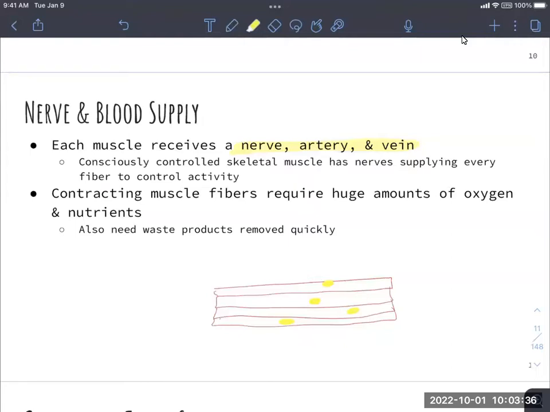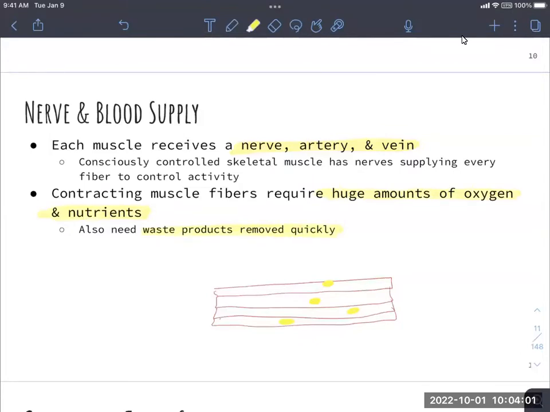We need a lot of oxygen. We also need a lot of nutrients to help contract our muscles to move, to sit, to write, everything. But we also need ways to get rid of waste products. That's extremely important in our muscles.